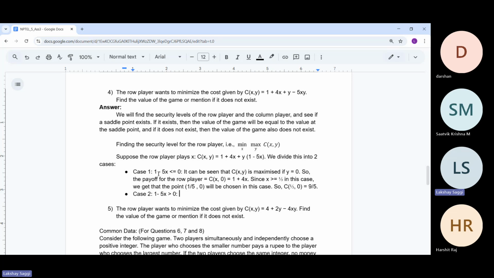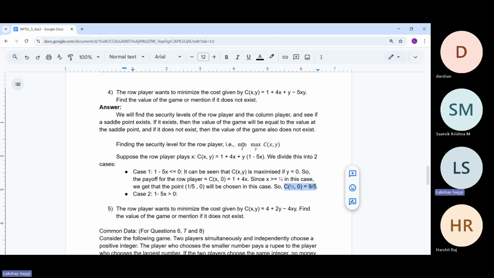So we said that if the row player chooses an x such that 1 minus 5x is less than or equal to 0, then the minimum that the row player can go to is 9 by 5. The row player wants to minimize, right? He has control over the x values.